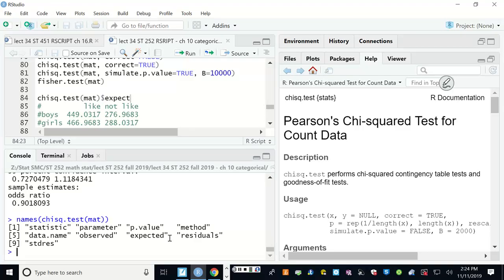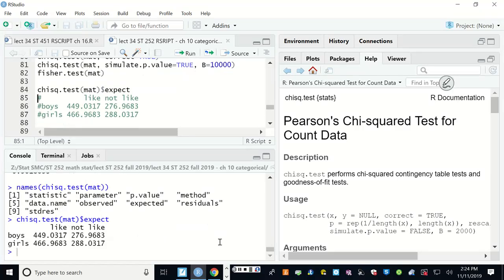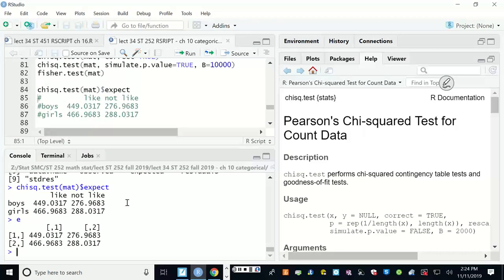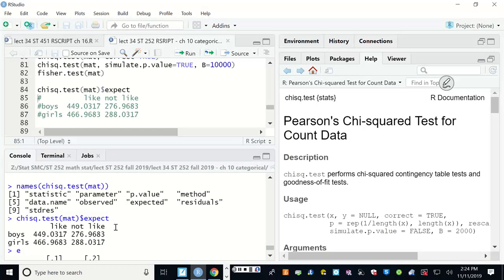It has some residuals, which are differences versus that. If you do the expected counts, you get the expected values. And this was what we calculated as little e, those same numbers that we calculated. So you can use the chi-square test to get the expected values, but on the assignment I do encourage you to practice doing that, and you can check it to see if it's working out for you.